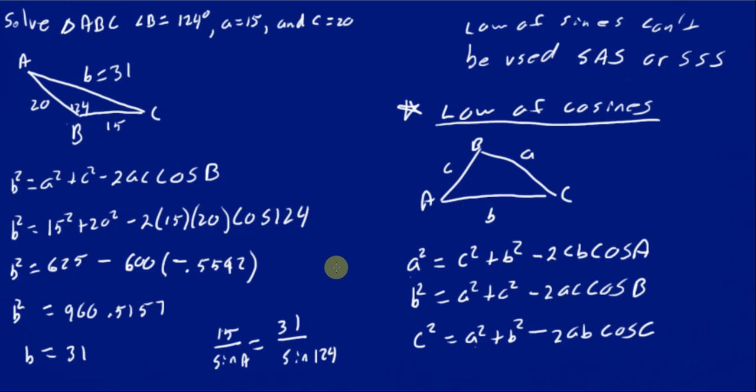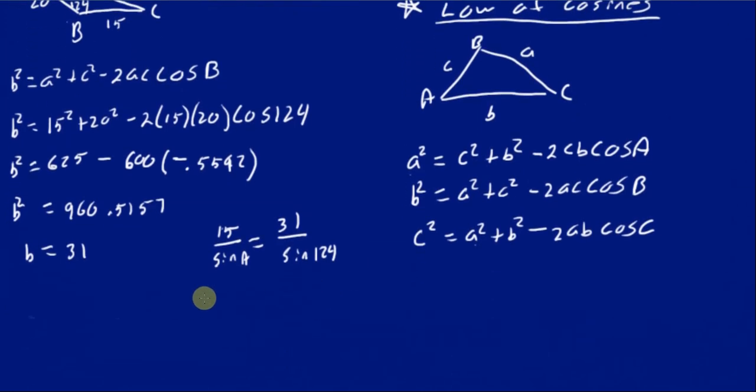And if I can slide this board up just a bit, I can finish that out. All right, so solving for sine of A, I'd have to multiply both sides by sine of A, putting it in the numerator up here. So that would be 31 times the sine of A. So I'm going to have sine of A here is equal to 31.